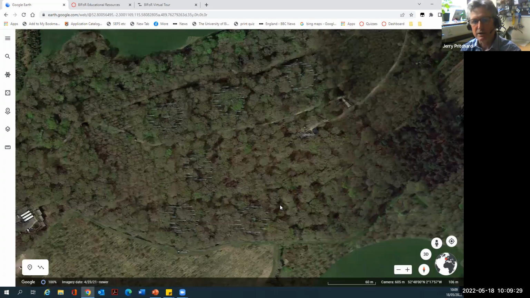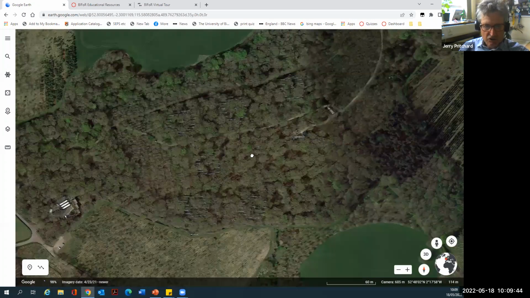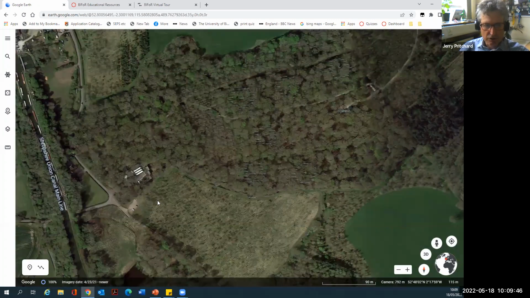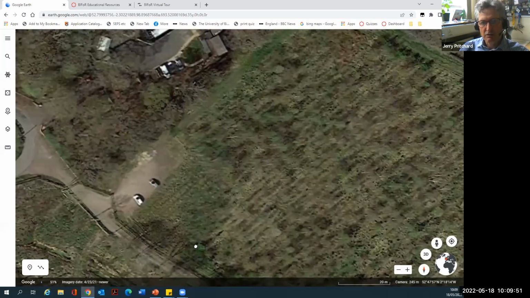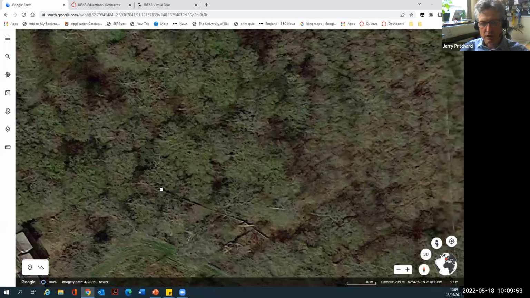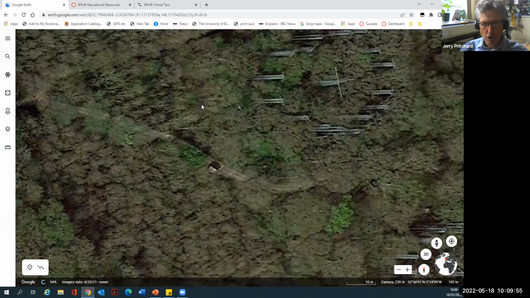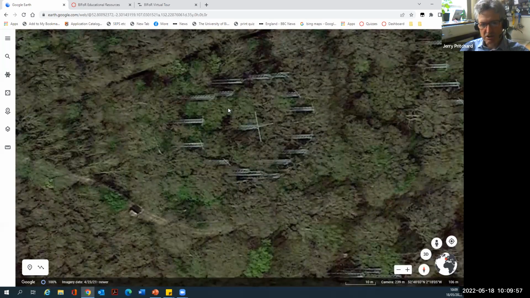So 3 of those rings have elevated CO2 going in at 150 parts per million, and 3 of those rings have simply air at the same temperature as the rings. Just to give you a sense of scale, you can see some little cars here down in the car park. Okay, and if you look at one of those rings, we'll get a closer look at them later when we go on the virtual tour. These pylons are about 25 meters high, and the ring is about 30 meters across.